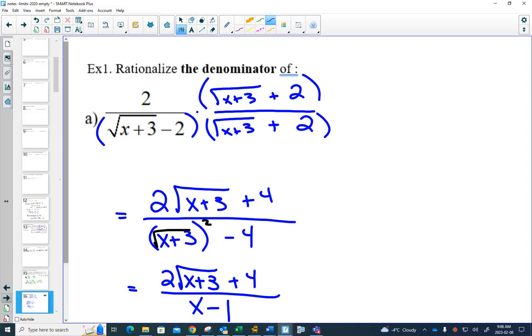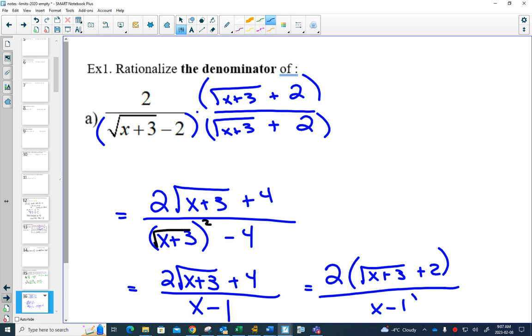And it's okay to leave it simplified like this. It's also okay to leave it simplified in a factor form. And can you see that the top has a common factor of 2? And sometimes if you want to leave it in the simplified factored form, and our whole purpose was to rationalize the bottom, I might not even have multiplied out the top.